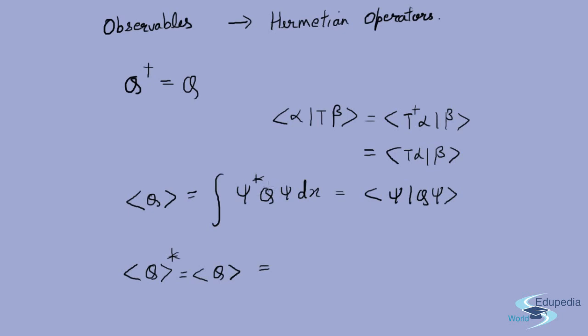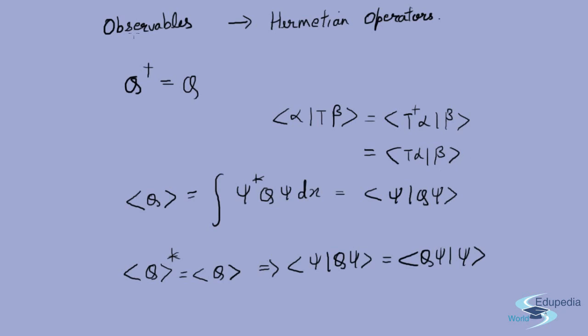And if you have Q star, that would be Q psi inner product with psi. So this basically means the inner product of psi with Q psi is equal to the inner product of Q psi with psi. But we already proved a minute ago that this is basically the definition for a Hermitian operator.